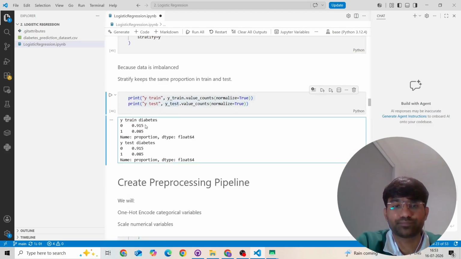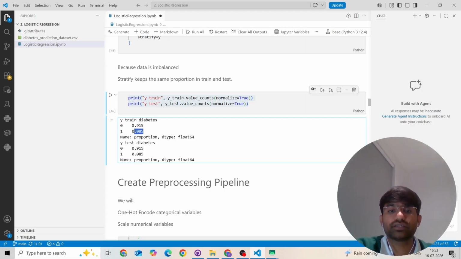You can see here in Y train, 0.91, that is 91%, has class label 0, non-diabetic, and 8.5%, 0.085, is 1. It is the same with the test data.